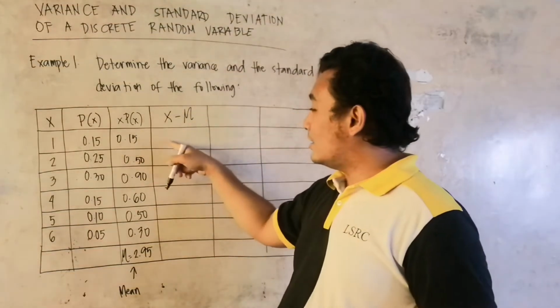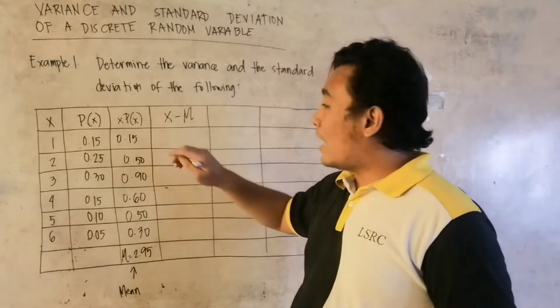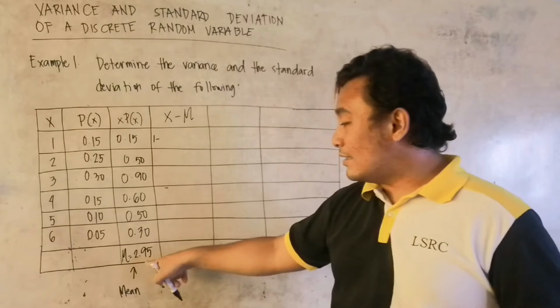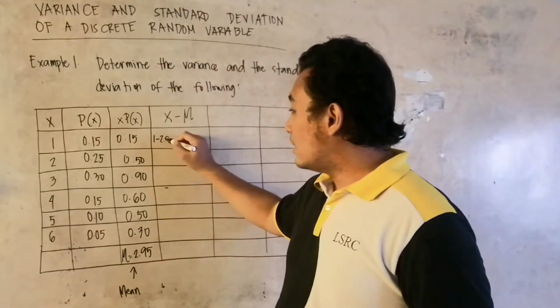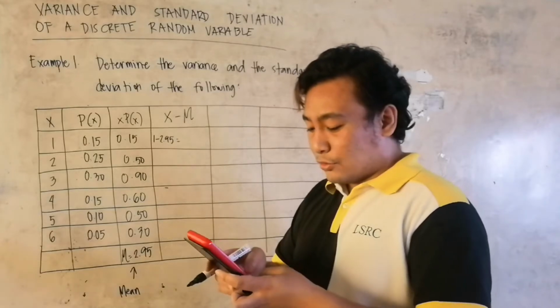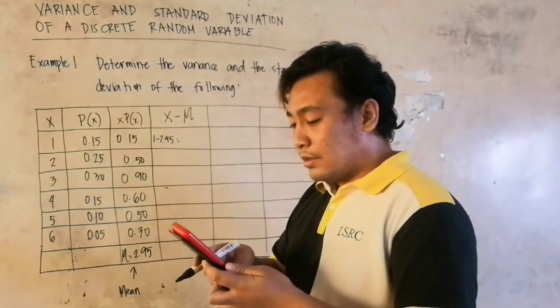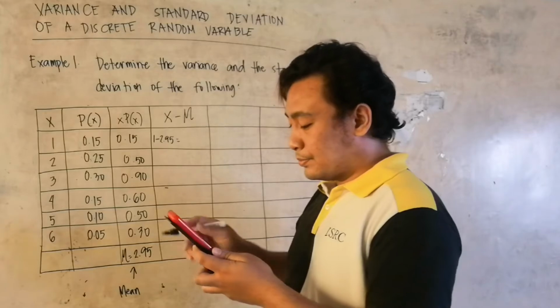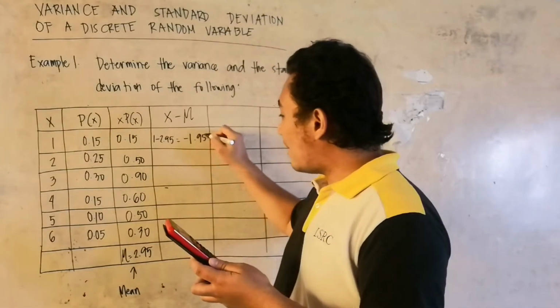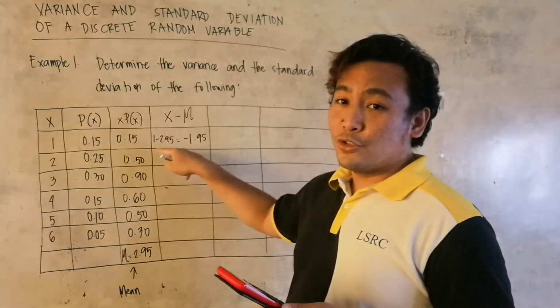For this box, ano yung x natin dito? Yung katapat niya is 1 minus, the mean is equal to 2.95. So isubtract natin yan. 1 minus 2.95 is equal to negative 1.95. Kahit hindi nyo na ipakita itong solution na to, okay lang.